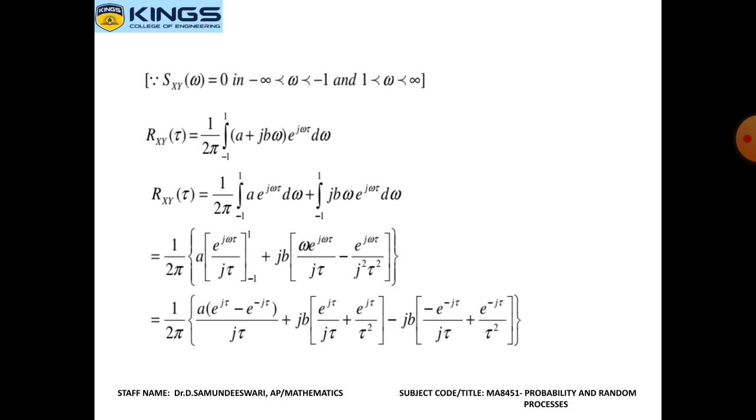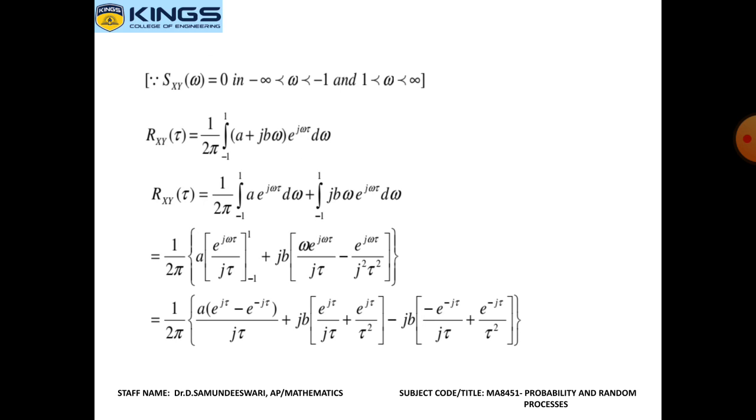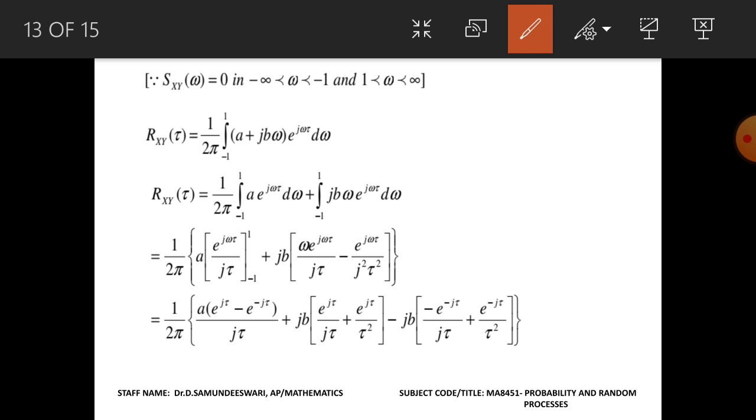Next, I am going to replace the function value here: 1 by 2 pi integral minus 1 to plus 1 of the function value in that interval. What is my function value? A plus jb omega, into e power j omega tau, into d omega.